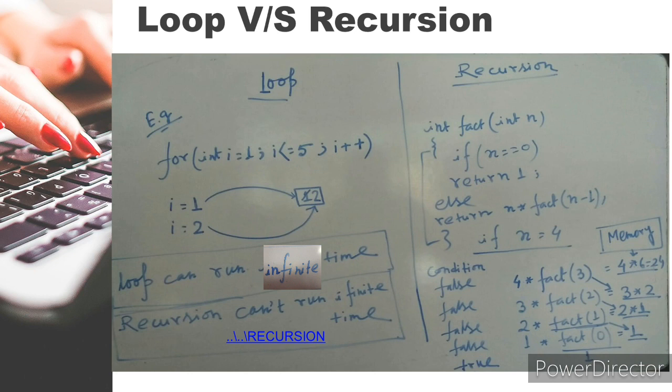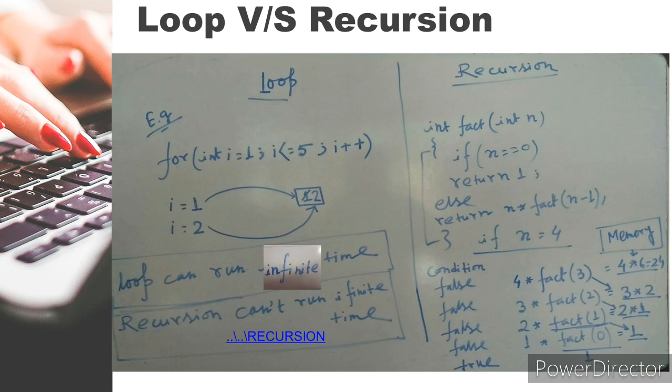And the main structural difference, we can say, is that a loop can run infinite times. What do you mean by infinite times? Infinite times means the loop will never end. If I write I equal to 1, I greater than or equal to 0, I plus plus, the loop will continue.